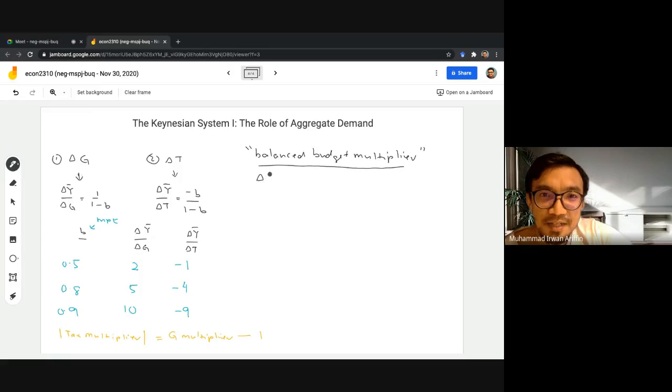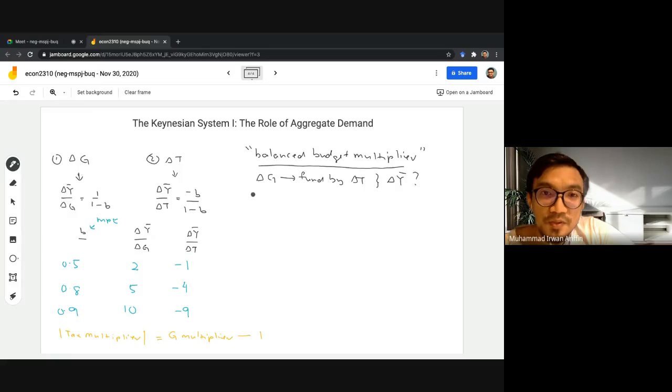They increase government expenditure, they want to spend more to help the economy recover. But then how should the government fund this higher spending? Let's say they fund it by increasing tax. So we want to know the net effect on equilibrium income.